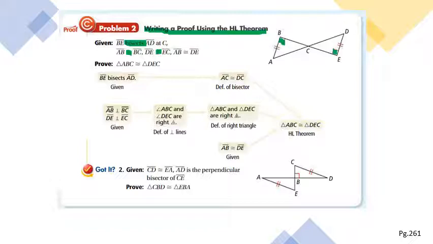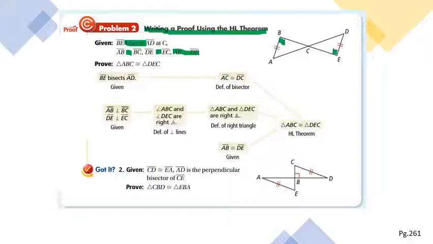And then they give you that AB is congruent to DE. So this is also what? We have one pair of congruent legs. Is it right? Okay. So now let's see.